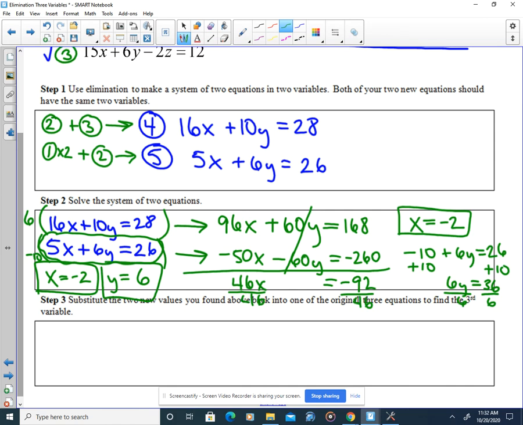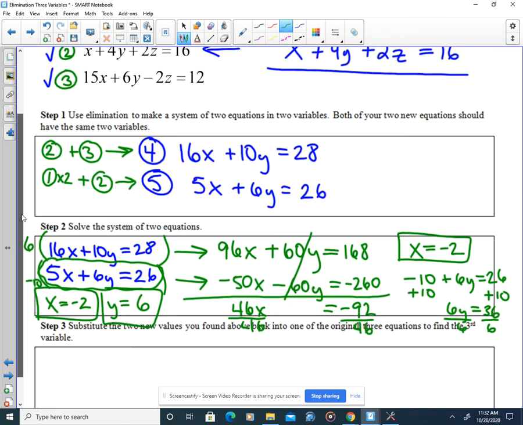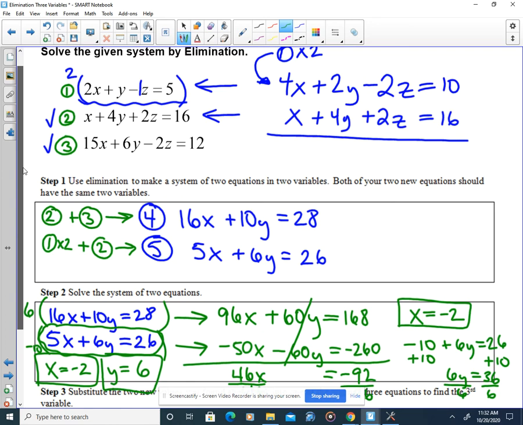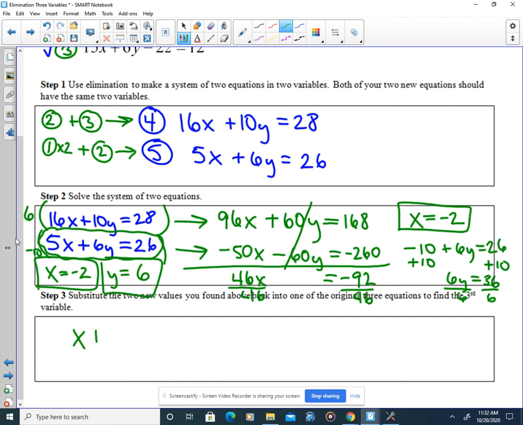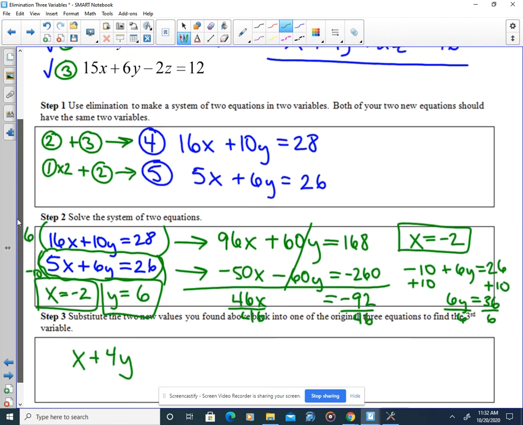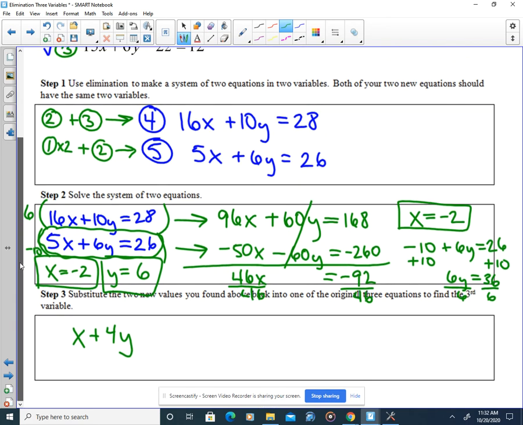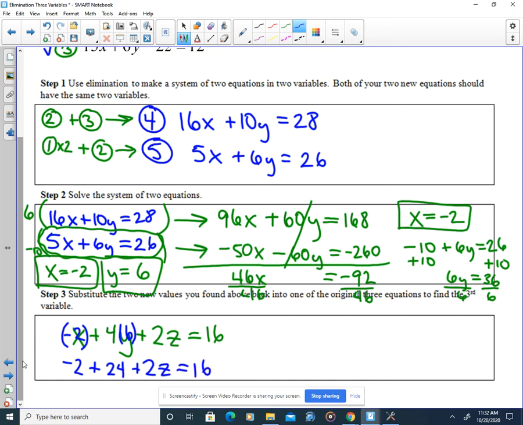So the final step is to take your two answers that you just found and plug them back into one of the original ones. Let's use equation 2. So equation 2 is x plus 4y plus 2z equals 16. Let's plug in the values that we found. We found x to be -2. Y is 6. We got -2 plus 24 plus 2z equals 16.